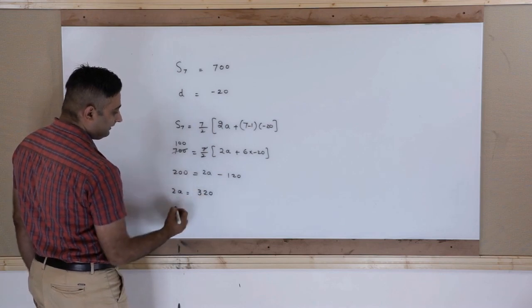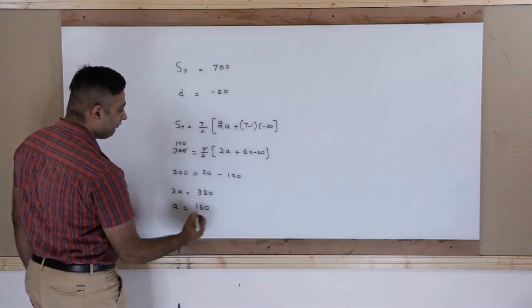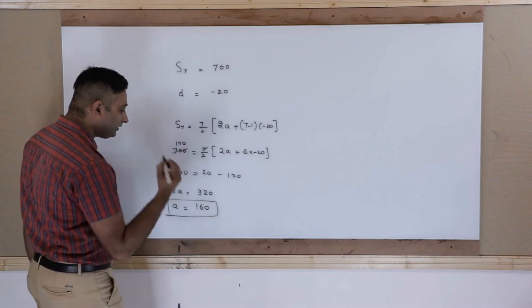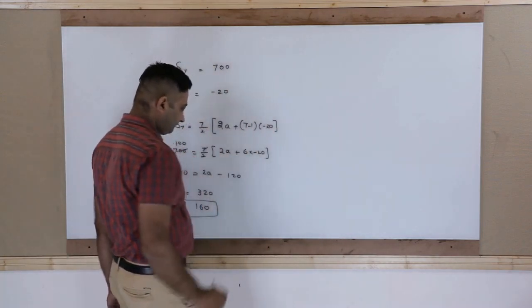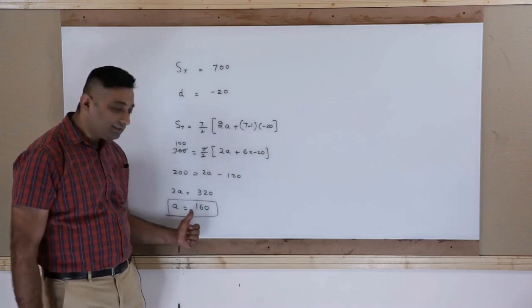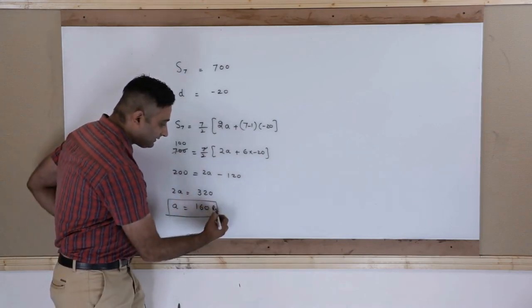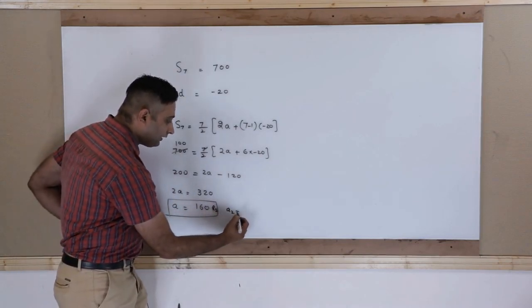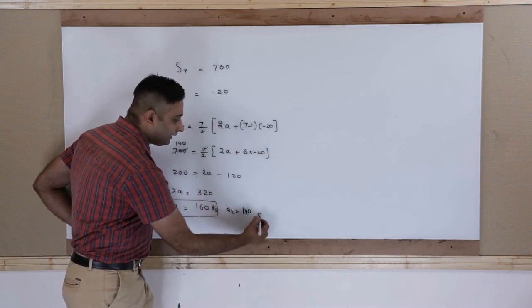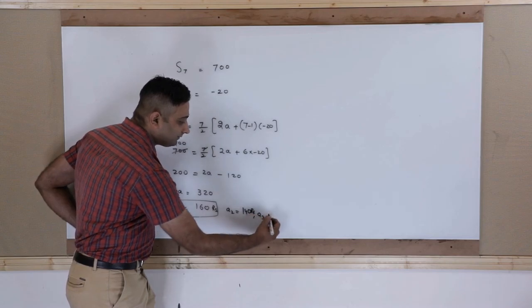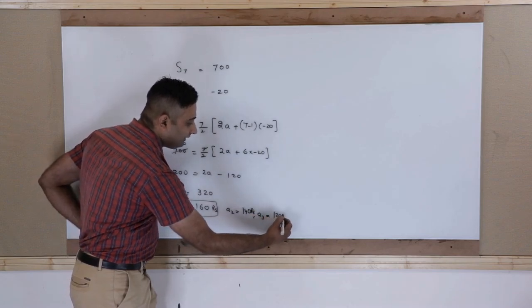That means A is equal to 160. So the first prize is rupees 160. Second prize A2 will be 20 less than this prize, that is 140. Third prize will be rupees 120 and so on.